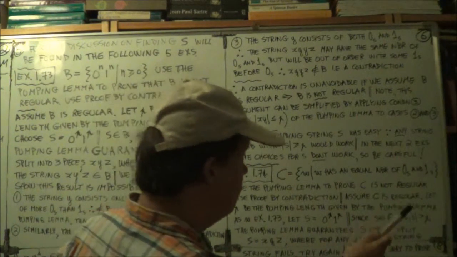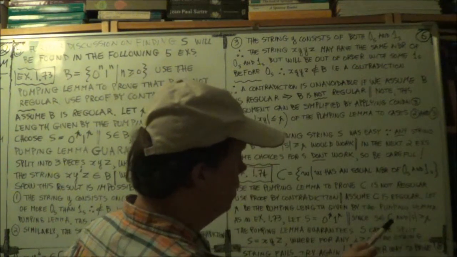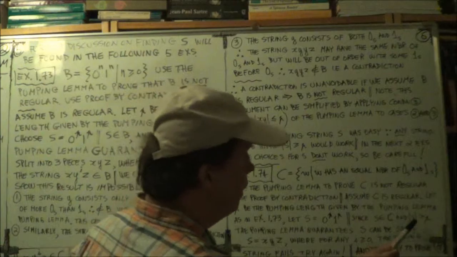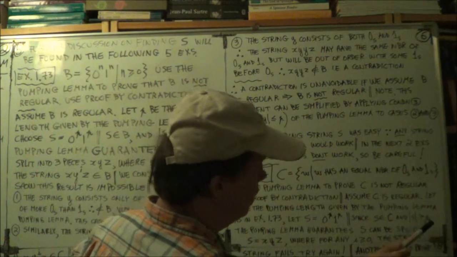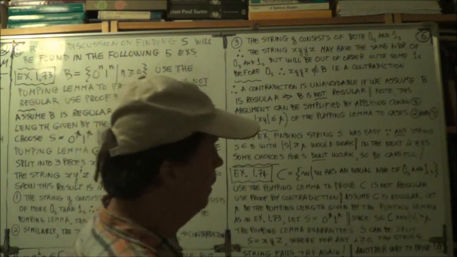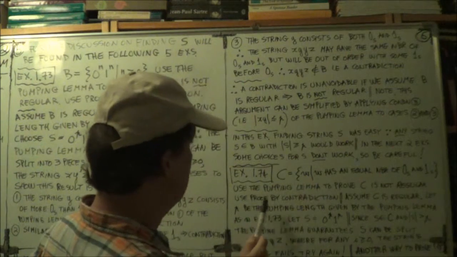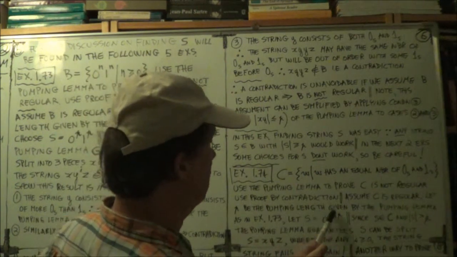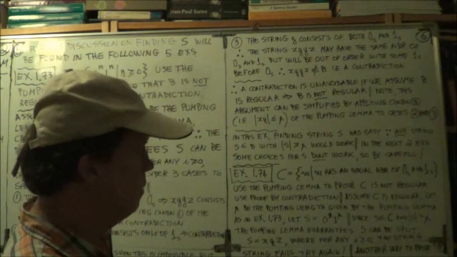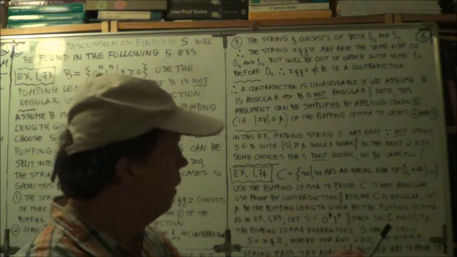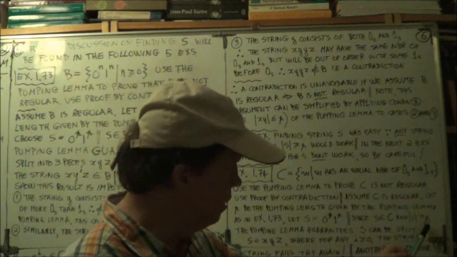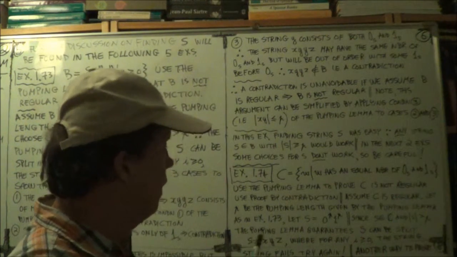Okay, so it belongs to the language. We're assuming the language is regular. The length of the string is greater than the pumping length, little p, because we let p be the pumping length. So this string belongs to a regular language and its length is larger than the pumping length.